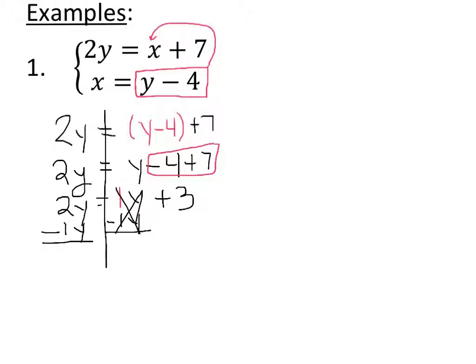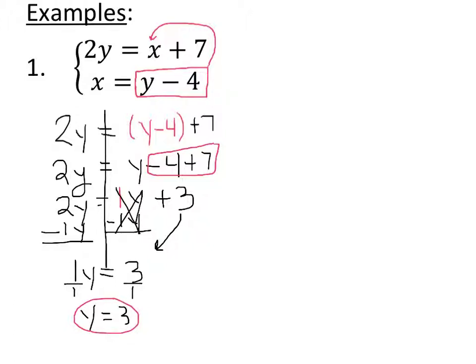So then we get 2 minus 1y equals 1y, and we will bring down this 3. So we get 1y equals 3. Then we could divide by 1, and we would get y equals 3. So now we have completed step 3, which says that we will solve for one of the variables.